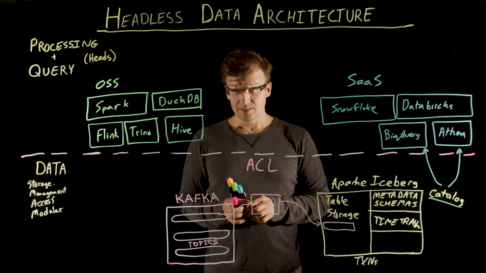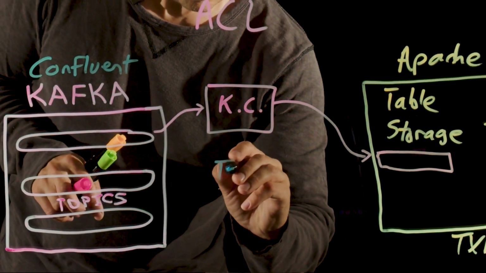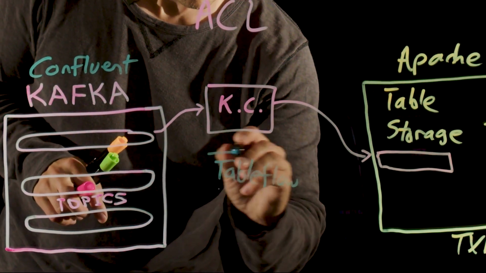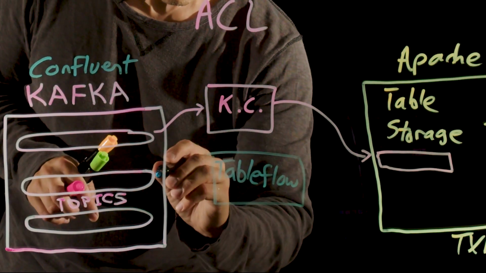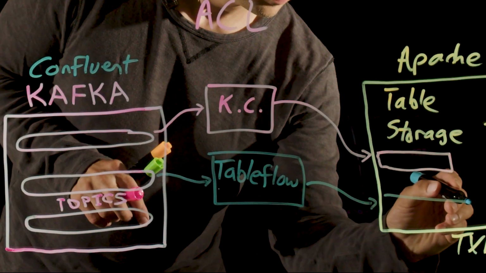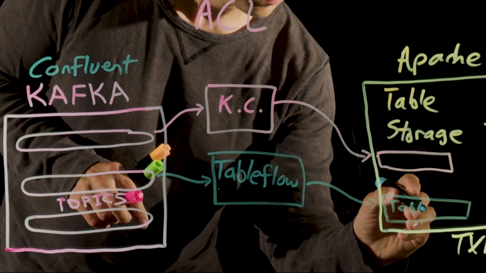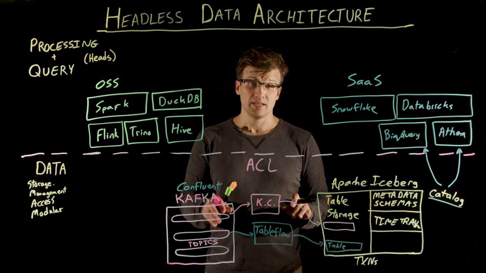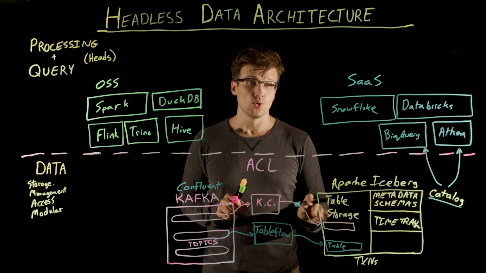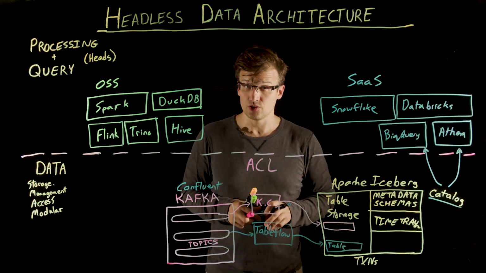At Confluent, we've created a service that we call Tableflow to automatically streamline this process for you. It takes your topic and converts the events one by one into an append-only Iceberg table for you to then plug into whichever head you choose.